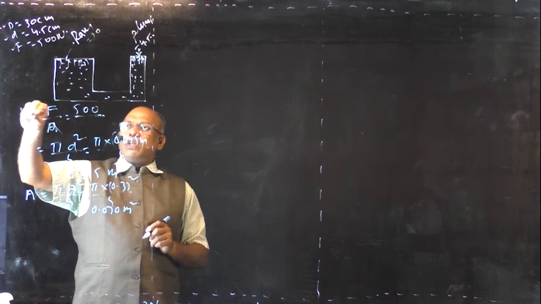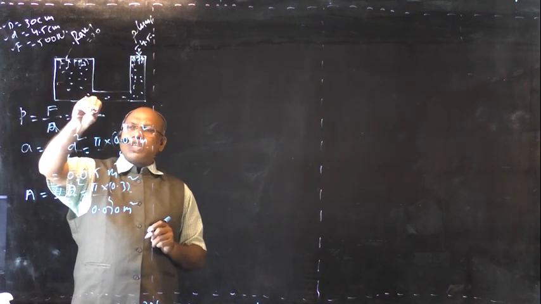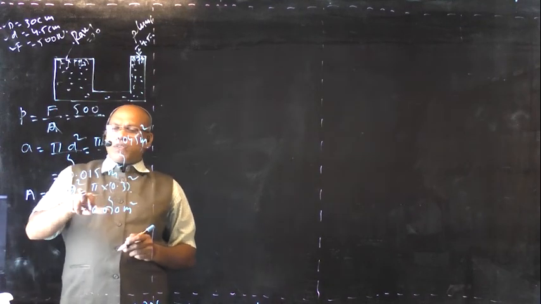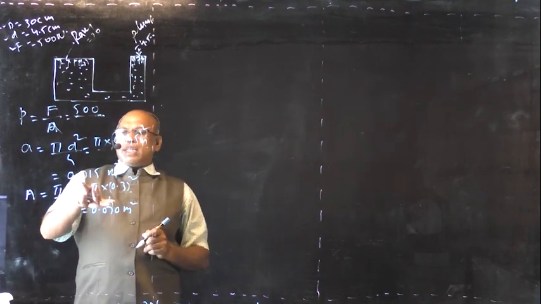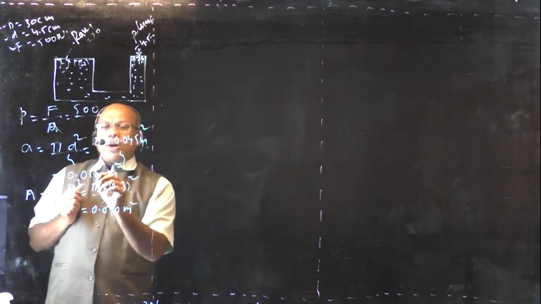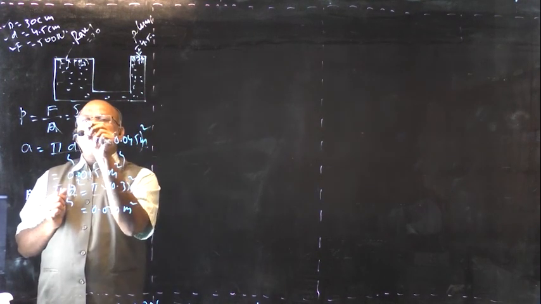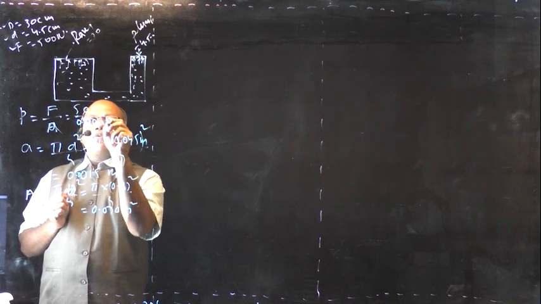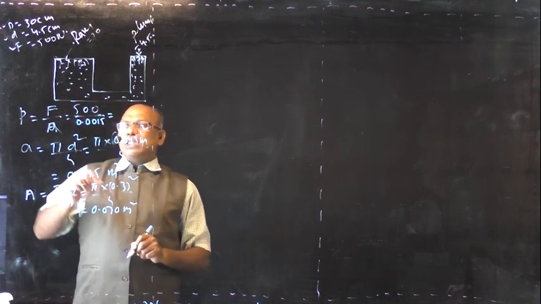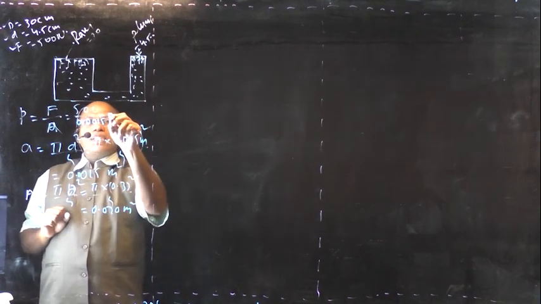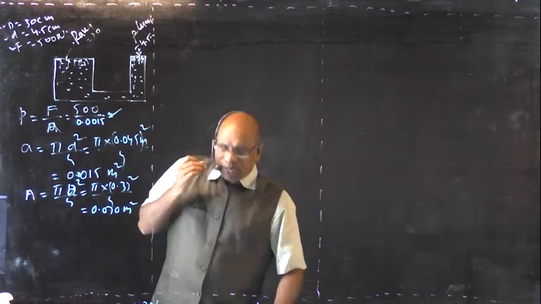Now we are going to determine the pressure intensity at the plunger. Pressure intensity is equal to force by area. Force is 500 newtons, given in the problem. Area is equal to 0.0015, already determined.